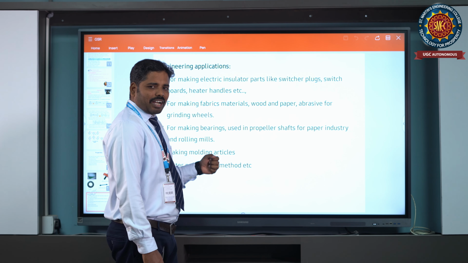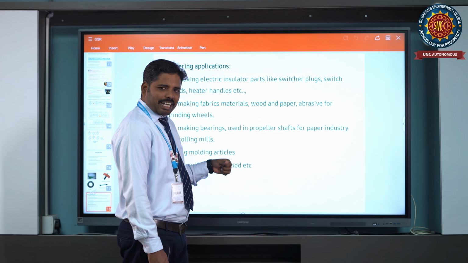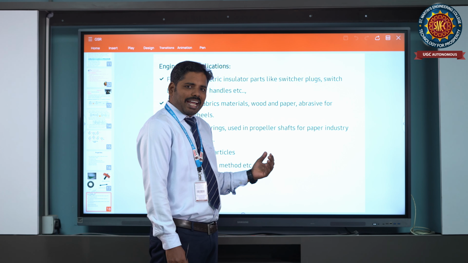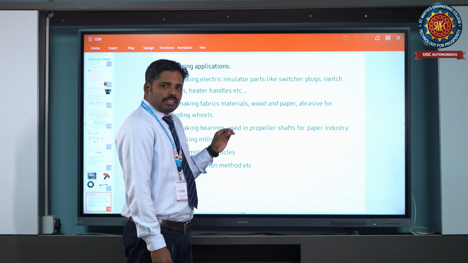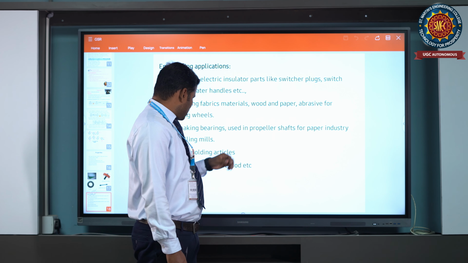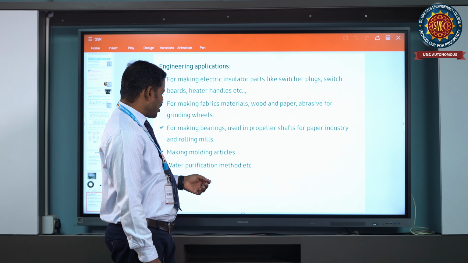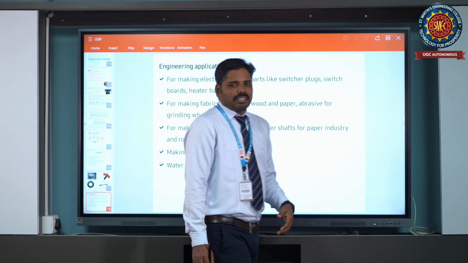Fourth one, water treatment technology, exchanging only anions, using anion resins. Fifth, it has corrosion resistance and enhanced heat and thermal resistance. And the water purification method, already told, uses anion exchangers, and it is used in making molded articles.